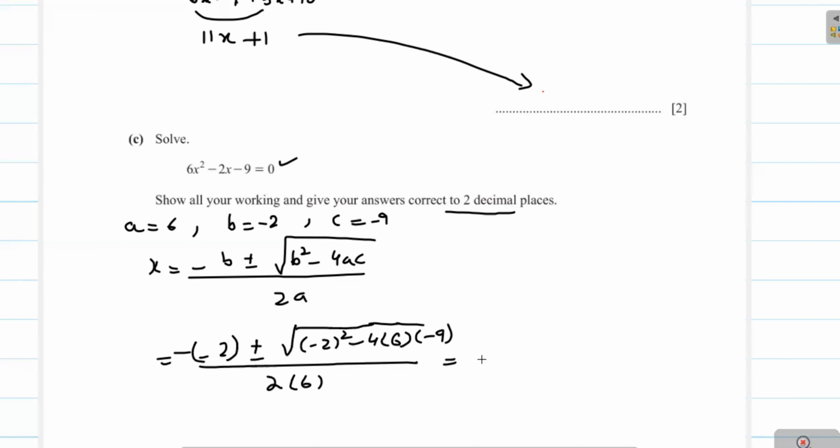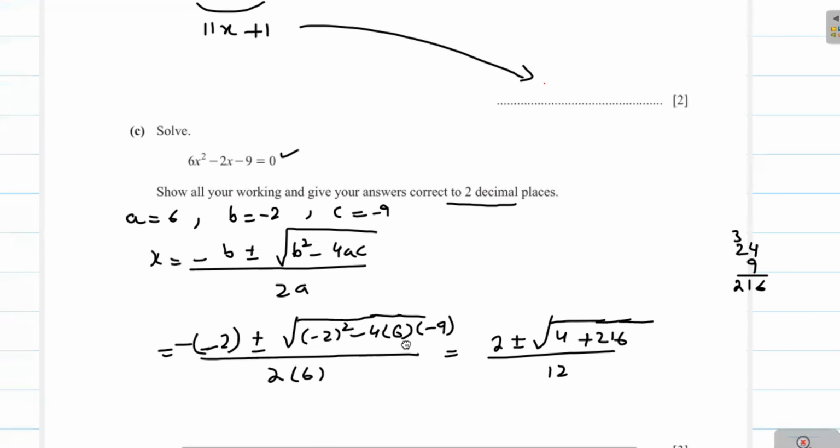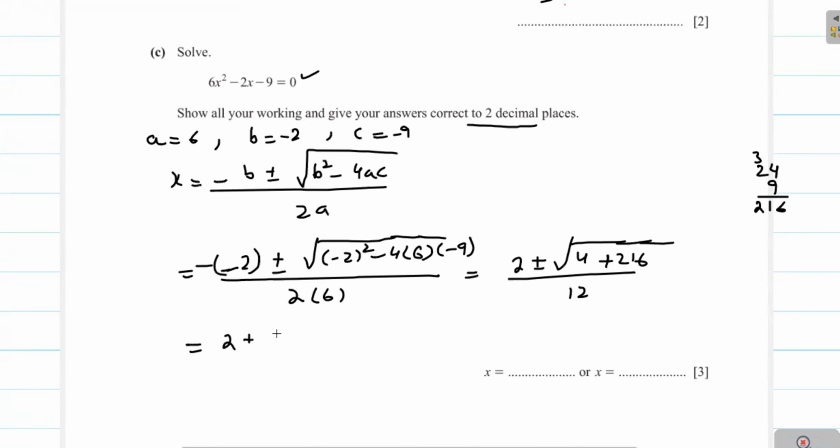Therefore, we get plus 2 plus minus the square root of 4 minus minus, plus 4 times 6 is 24, 24 times 9 is 216. And we write here plus 216 over 12. And this will be equal to 2 plus square root of 220 over 12, or x equal to 2 minus square root of 220 over 12.